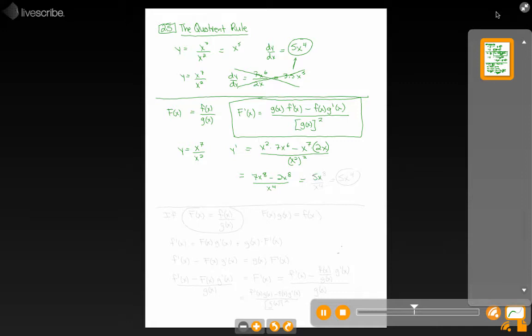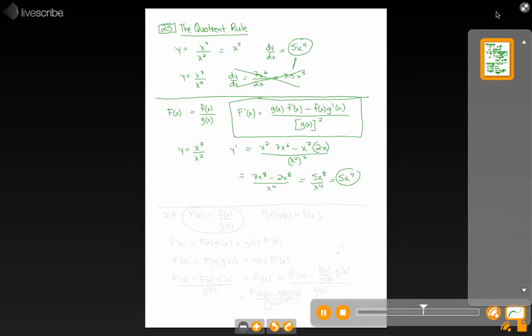So 5x to the 8 over x to the 4 equals 5x to the 4. So at least, if nothing else, the answer matches, and we have a rule that works. Fortunately, you will get the quotient rule on a formula sheet, and not something that you need to memorize, but obviously knowing how to use it is pretty important.